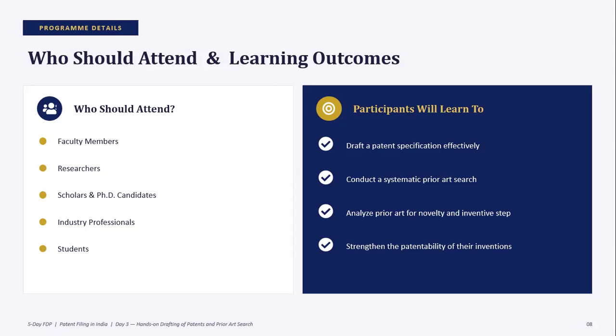And fourth, they should be able to strengthen the patentability of their invention through better drafting and evidence-based prior art analysis. So these skills are valuable not only for academic researchers, but also for faculty members, PhD scholars, students, innovators, entrepreneurs, and industry professionals who are interested in protecting and commercializing intellectual property.